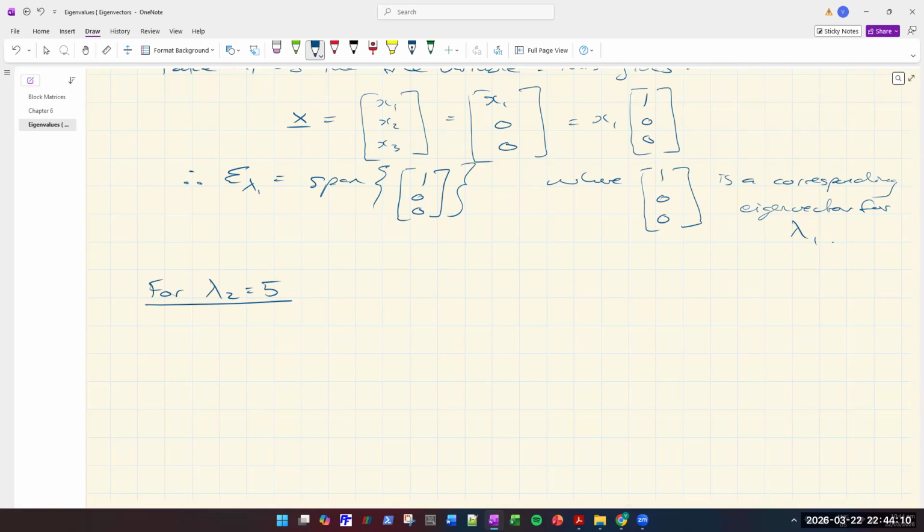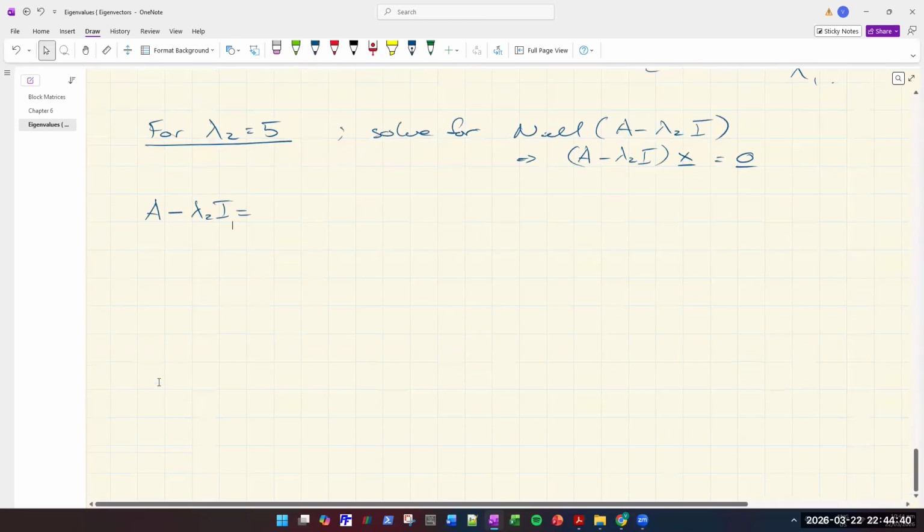We don't know, so of course we need to solve for the null space of A minus lambda 2 I times some vector equal to 0. So what is this matrix A minus lambda 2 I? Let's form this matrix.